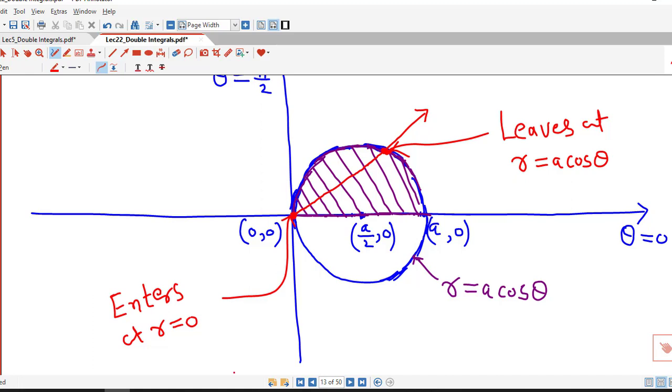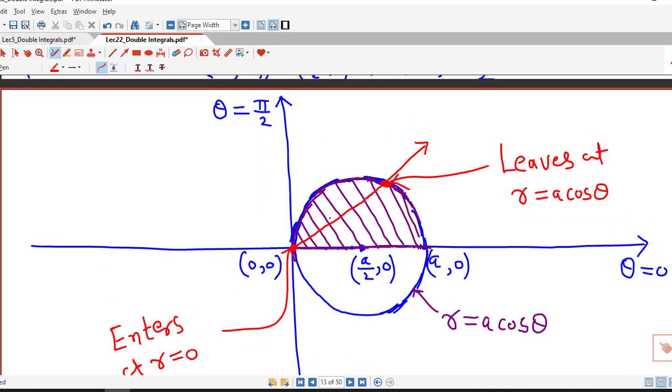Now to determine the limits of theta, we have to find out smallest value of theta and largest value of theta. So we can observe that our region starts from this point. At this point, value of theta is 0.